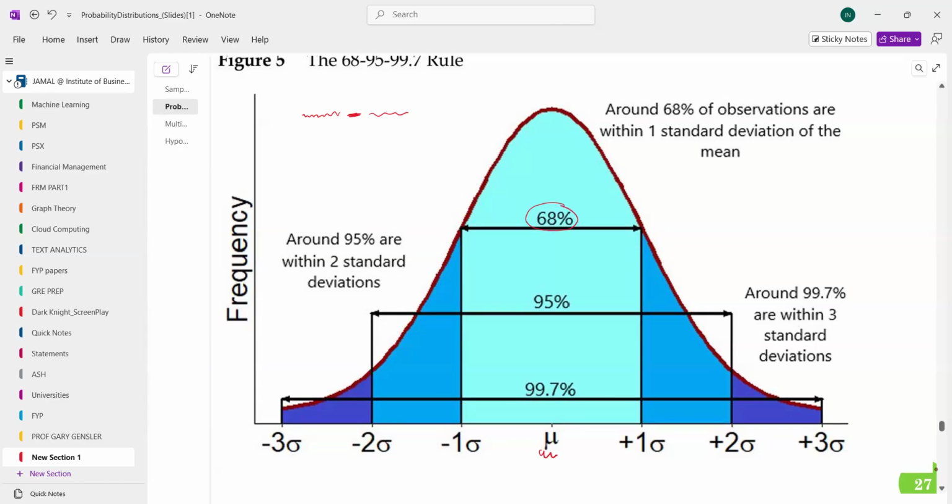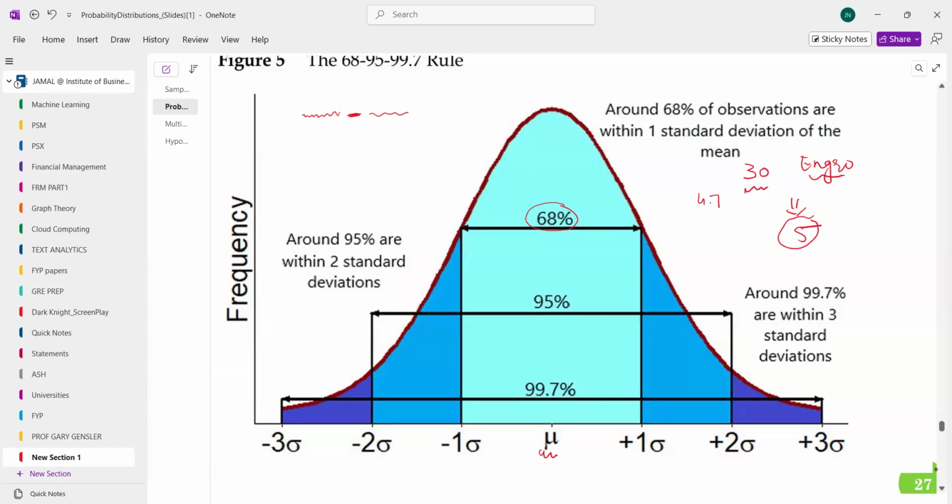What it really means is, if you stick to that example of 30 days of returns of the Engro share, and let's say the mean of those returns was 5, then although the mean is 5, for the 30 days we will have different values.